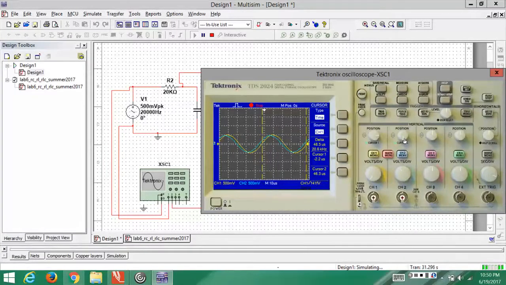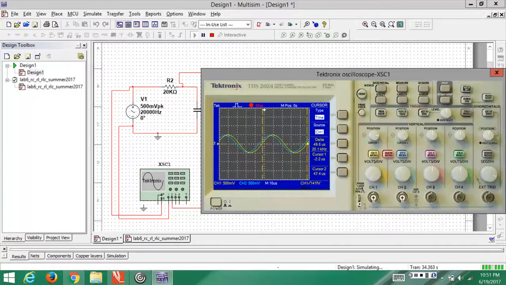Basically, we are not working on channel 2, but we are using both vertical positioning knobs to move both the cursors. So I think it ended here. As you can see, the second cursor moved a little bit towards the right, and that reading over here for cursor 2 says 47.4 microseconds. So cursor 1 is placed at -2.2 microseconds, and cursor 2 is placed at 47.4 microseconds.